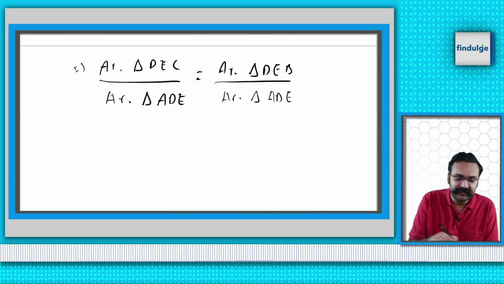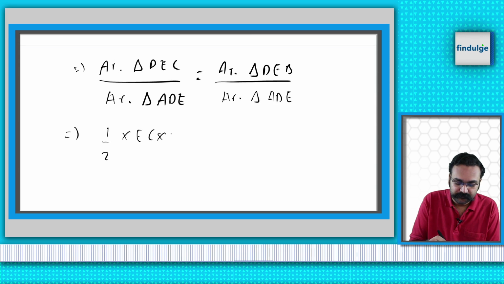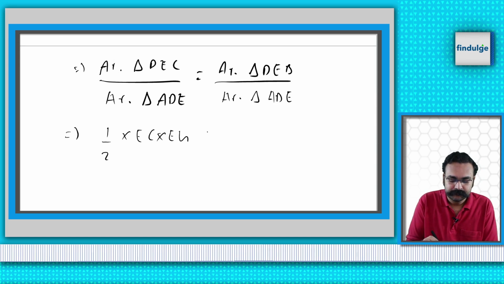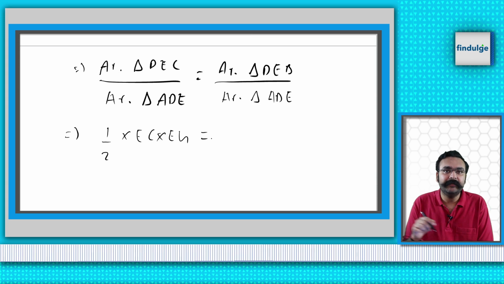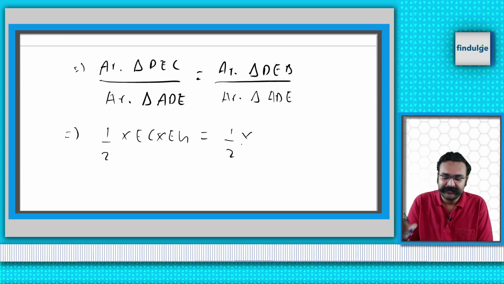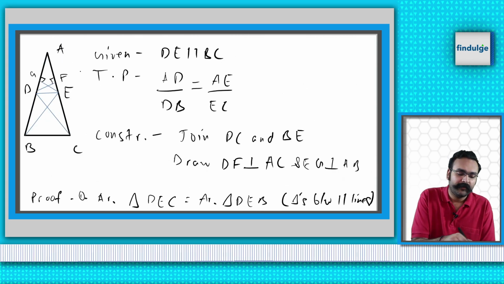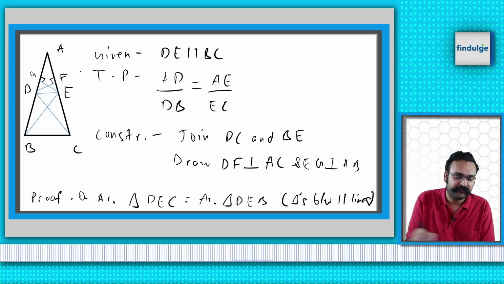So area of triangle DEC, as we've established, is equal to half into EC into DF, and area of triangle DEB is equal to half into DB into EG.